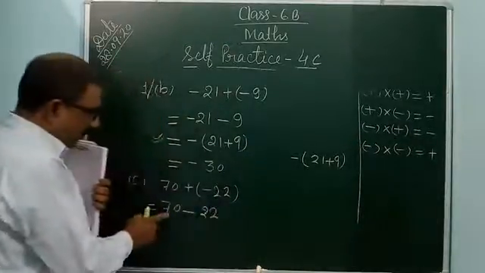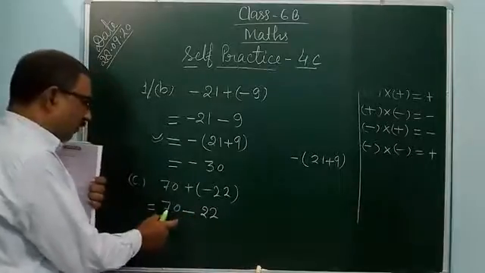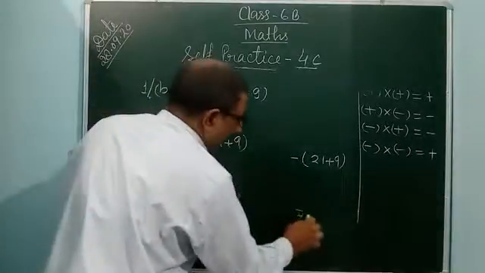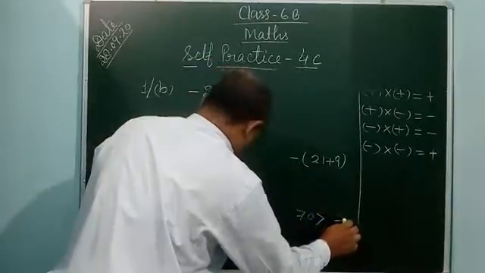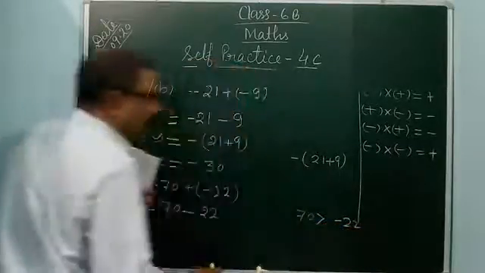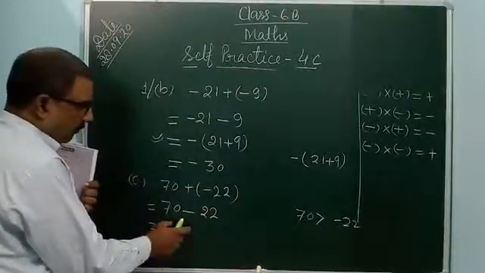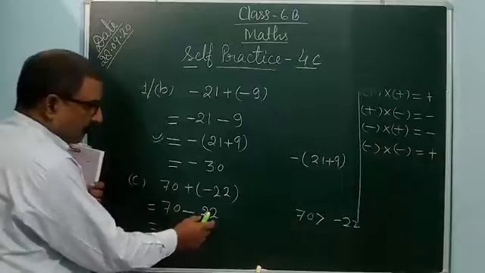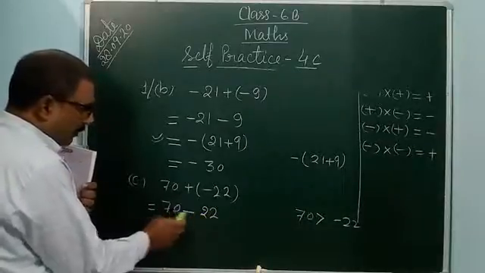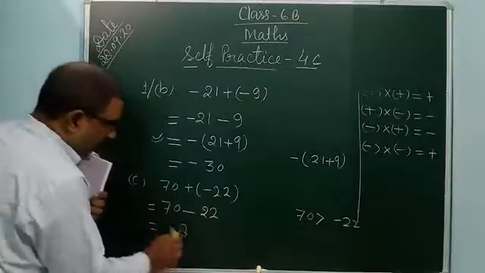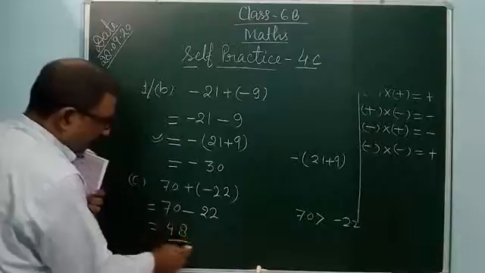Here you can see the positive value is more than the negative value, means 70 is more than minus 22. So the value will be positive, because 22 can easily be subtracted from 70. So 10 minus 2, 8. Here it will be 6. 6 minus 2, 4. 48. So 48 is the answer.